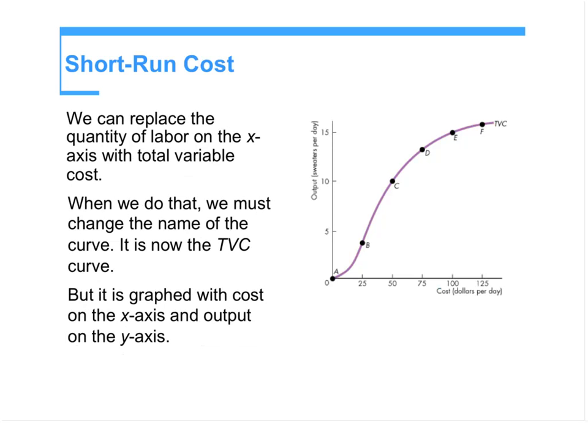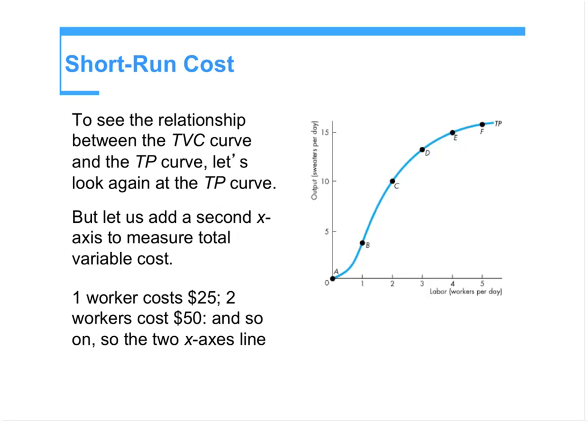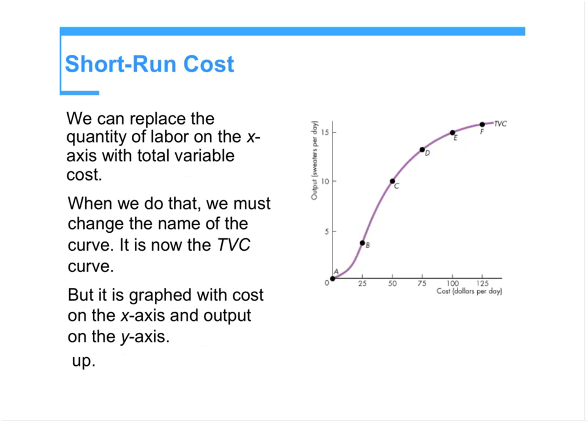So we can replace the quantity of labor on the x-axis with total variable cost. Look at the previous chart: you have the total product, and here I have total variable cost. When we do that, we must change the name of the curve to total variable cost.